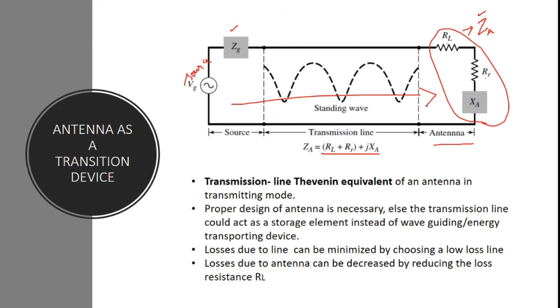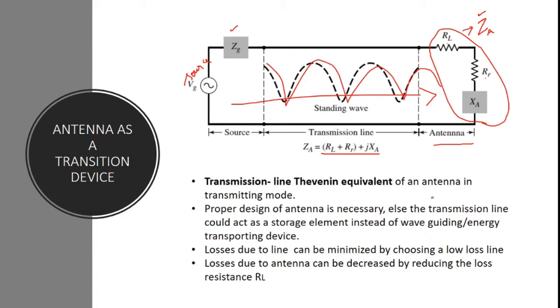In some cases, when the antenna here is not properly designed, this might lead to reflection back. The waves will be reflected back, and these are termed as standing waves in your transmission line. If the antenna is improperly designed and the reflection keeps on increasing, then a standing wave gets created within your transmission line.